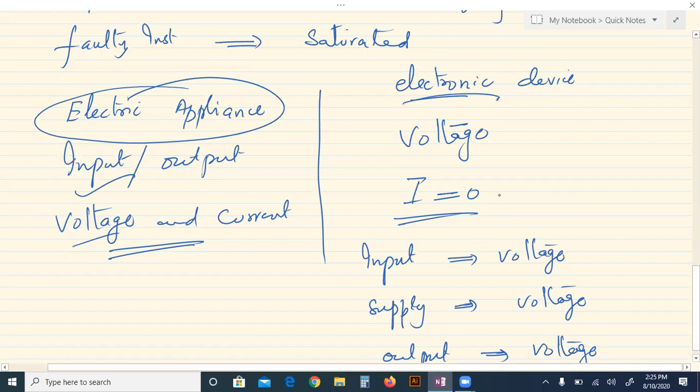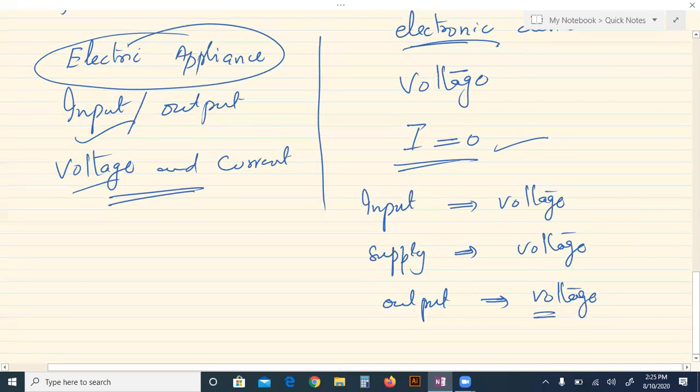That's why there is a difference between electrical component and electronic component. So there are two different departments, electric engineering and electronic engineering, and sometimes they are merged and called electroelectronics.